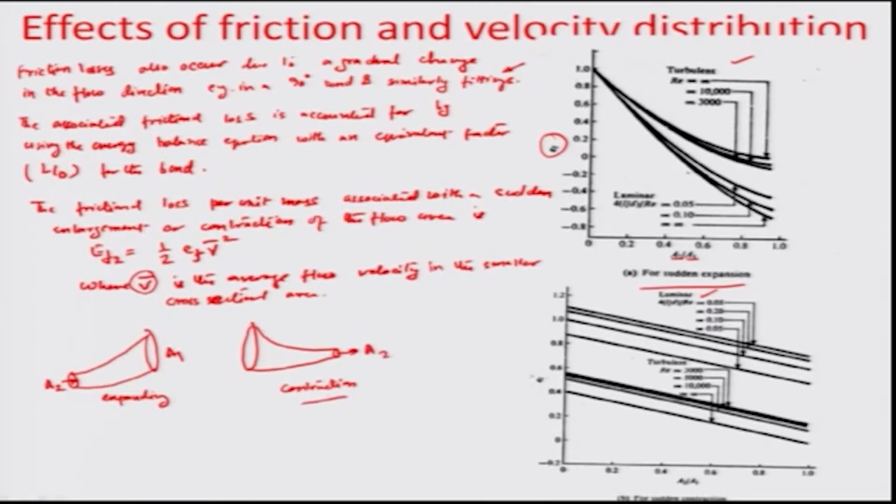So the value A2 always, which is the smaller area, is the value of cross section where the average velocity needs to be recorded. And obviously, EF is the friction factor, the loss factor I would say, because of this bending and the expansion contraction effects, etc.